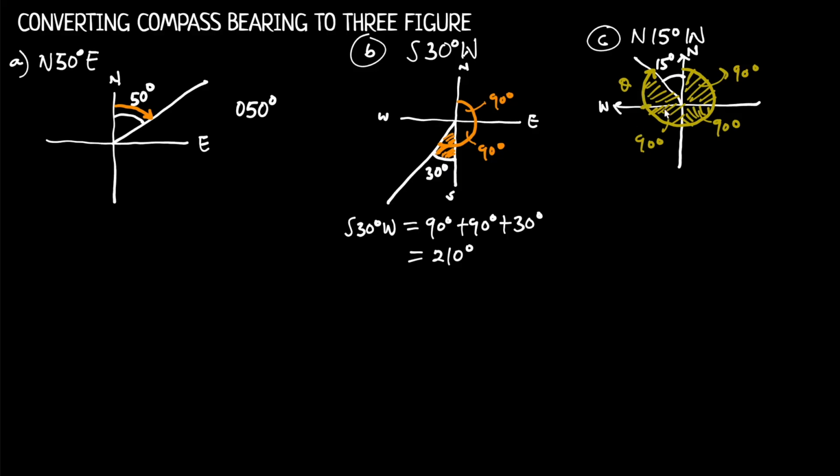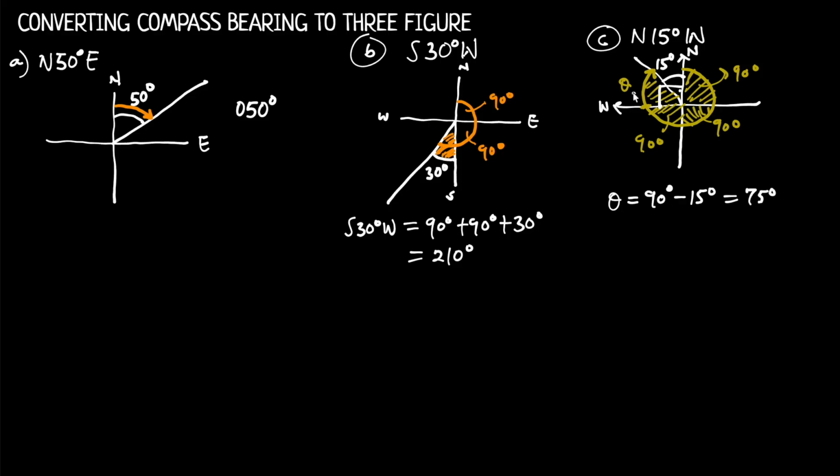Okay. So how do we calculate that? Since we know that the whole of the north and the west is 90 degrees, that is, the whole of the angle here is 90 degrees, you just subtract 15 from 90 degrees, and then you have theta. So which means the theta is going to be 90 degrees minus 15 degrees. And that's 75 degrees.